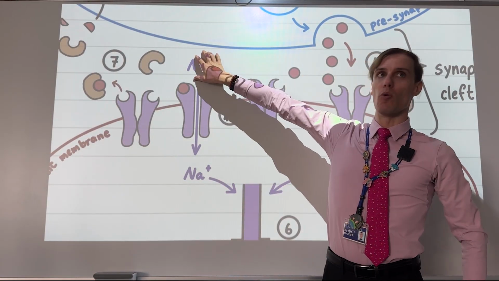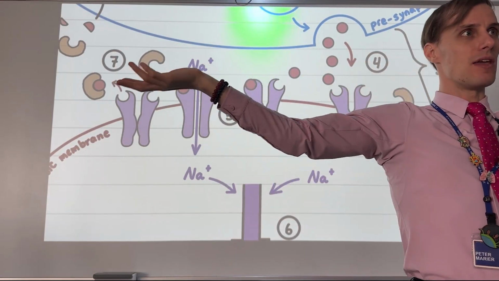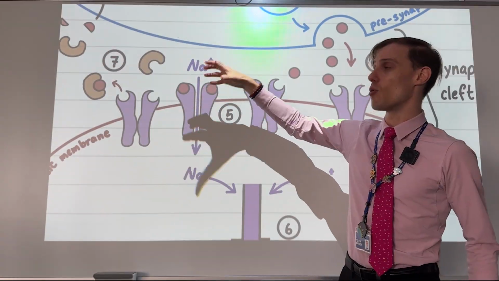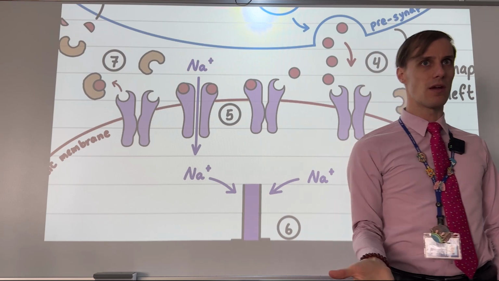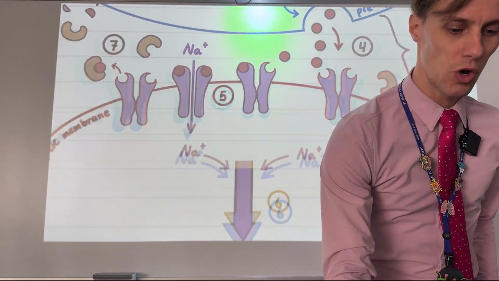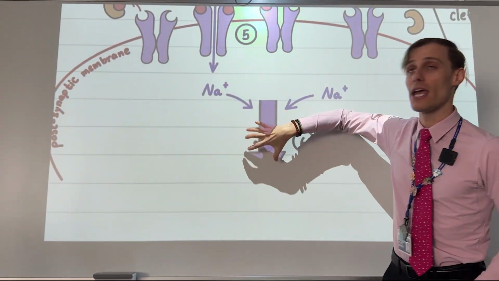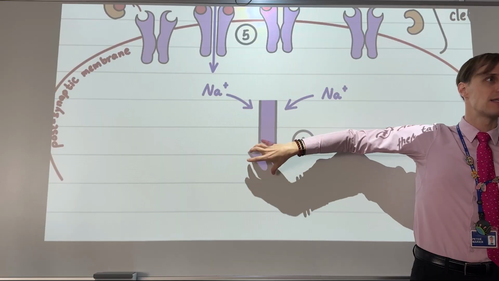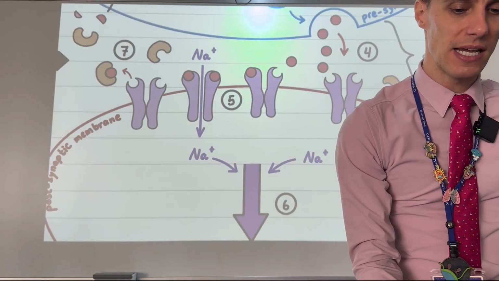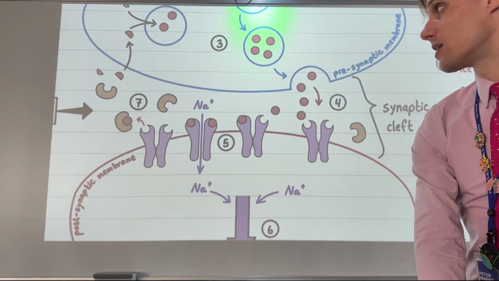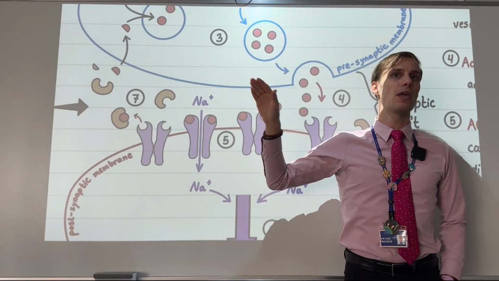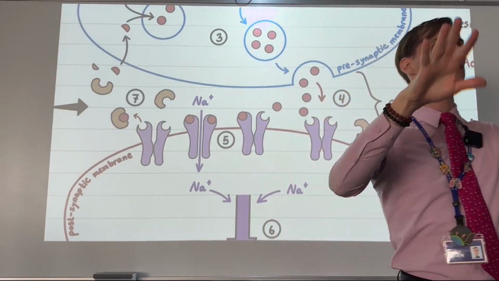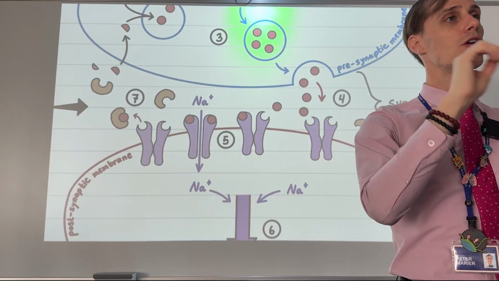So this channel now opened. Well, what's always outside of the membrane? Sodium. And what happens to cells once there's a rush of sodium within? Depolarization. So that means that a brand new action potential has now been generated. Now, there is a slight problem that you may not have considered, and that is, as long as sodium keeps coming in, this signal is going to continue to go over and over and over again.